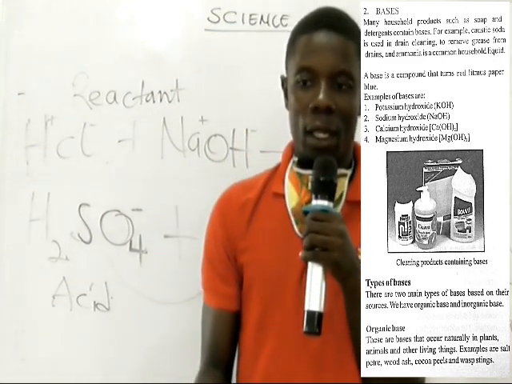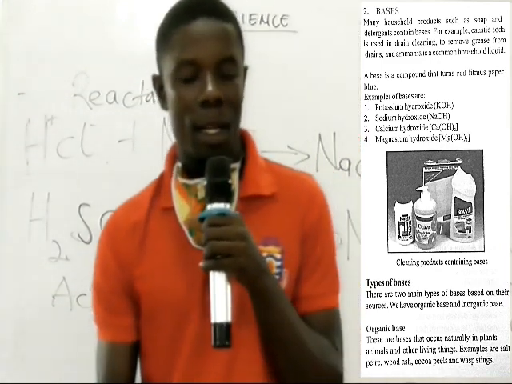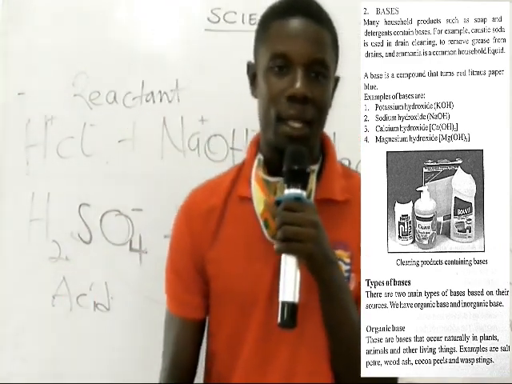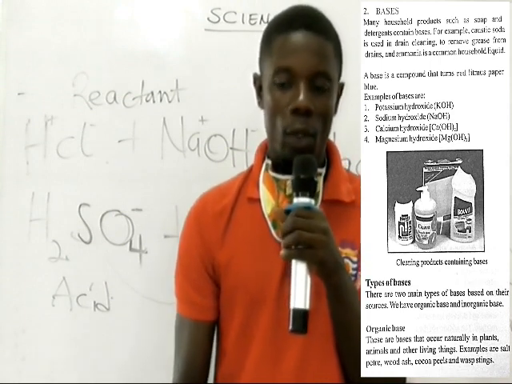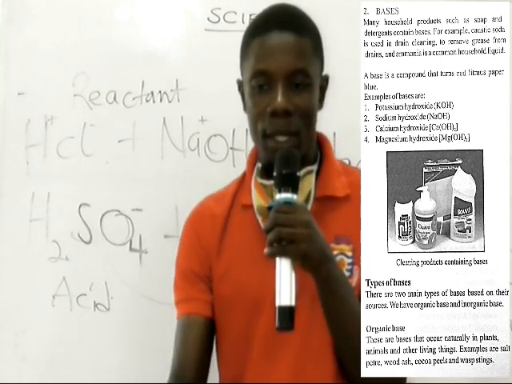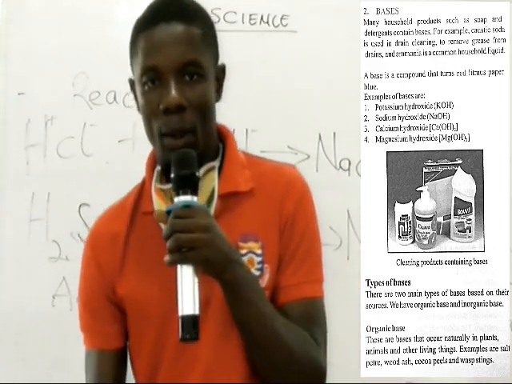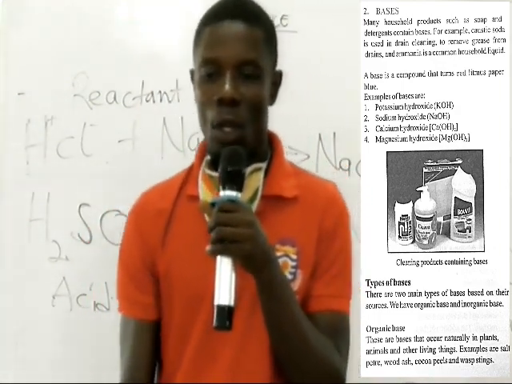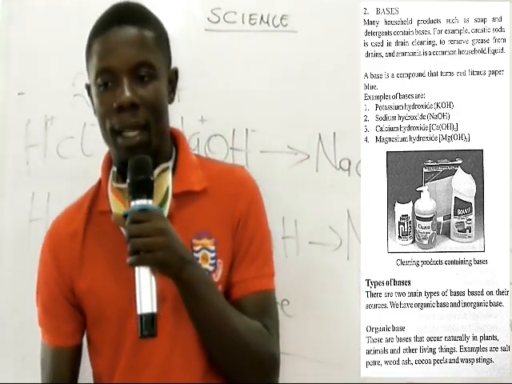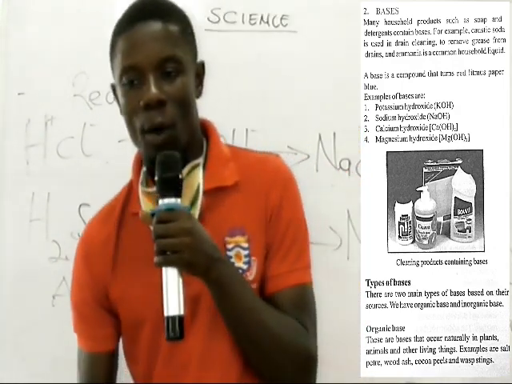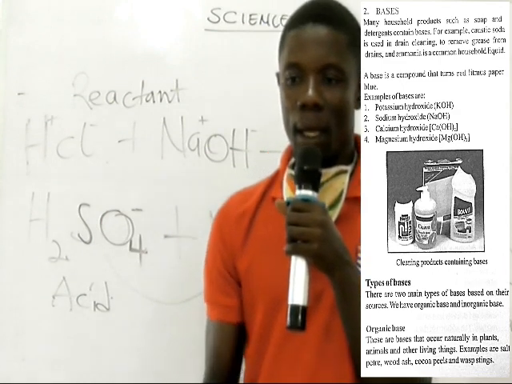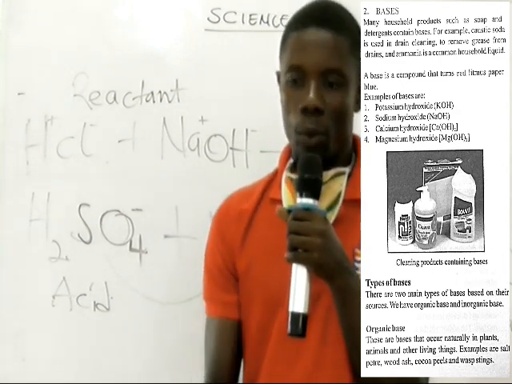In our previous lesson, we defined acid as a compound that turns blue litmus paper red. So the base is the opposite: a base is a compound that turns red litmus paper blue.